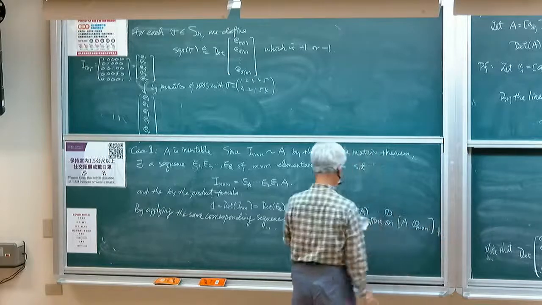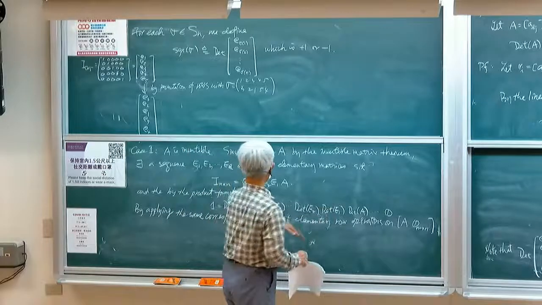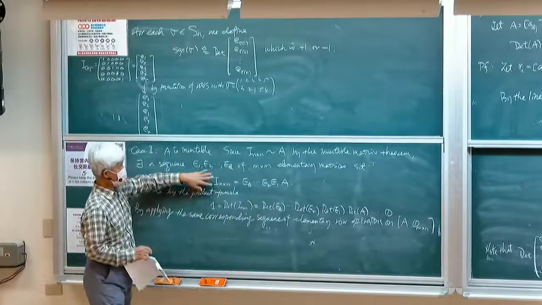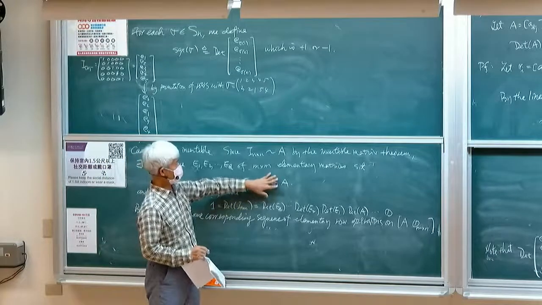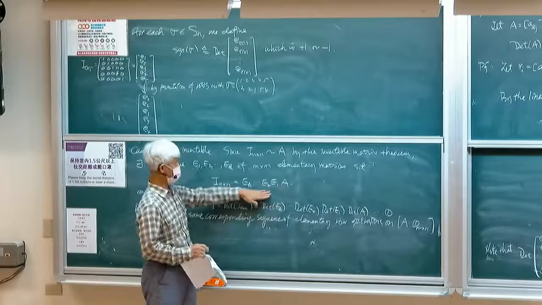Okay? Right, because the reduced echelon form is obtained by applying elementary row operations on rows of A, right? So that is this one.